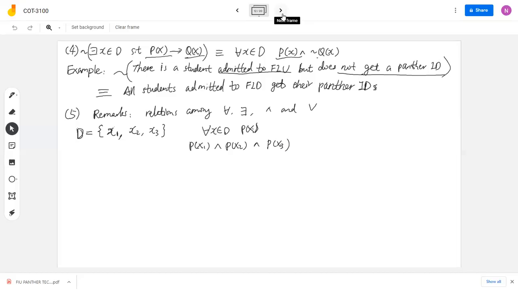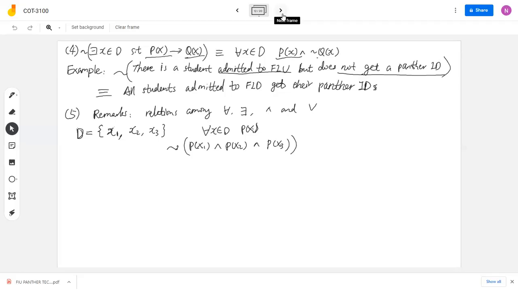And what is the negation of such a statement? By the way, it's easy to see that De Morgan's law not only applies to the and of 2 predicates, it can be generalized to any number of predicates.